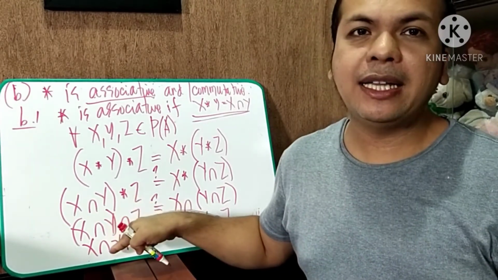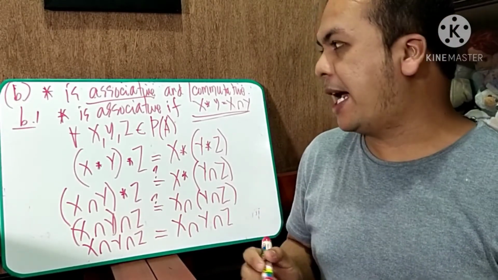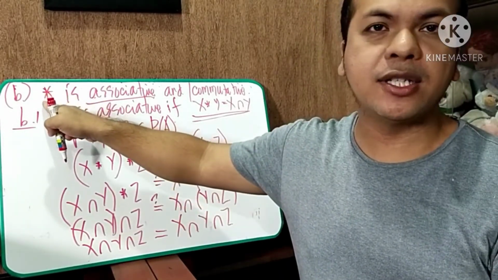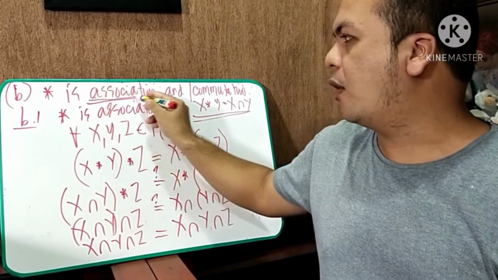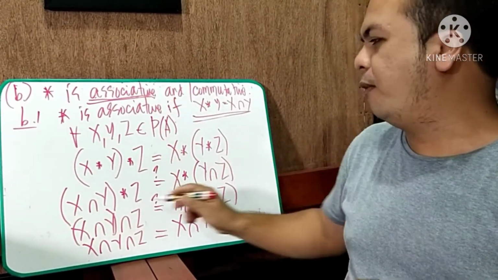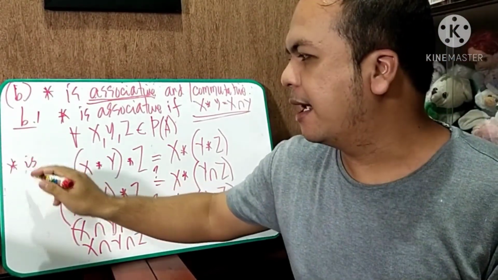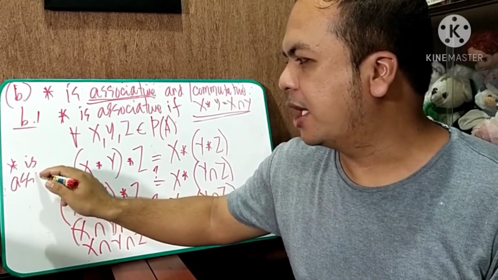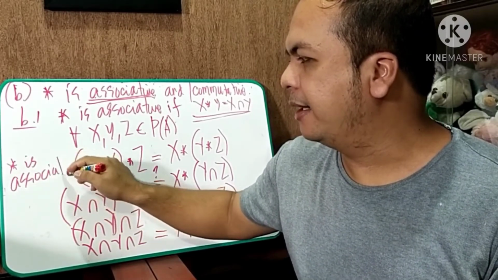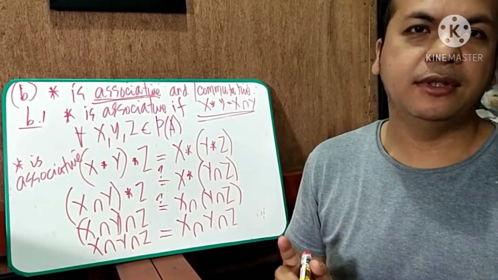Since yung right side is equal dun sa left side, masabi natin na yung binary operation star is associative. So, ang conclusion natin dito ay yung binary operation star is associative. Bakit? Dahil, okay, this is equal to this.